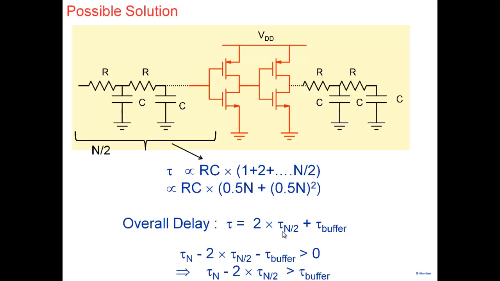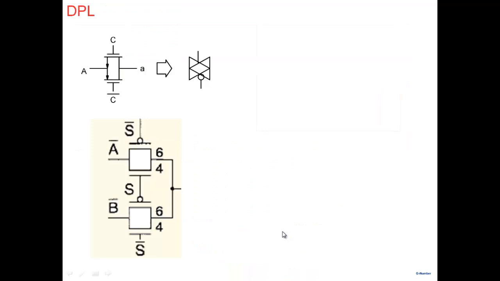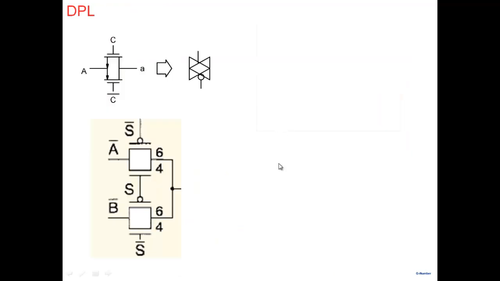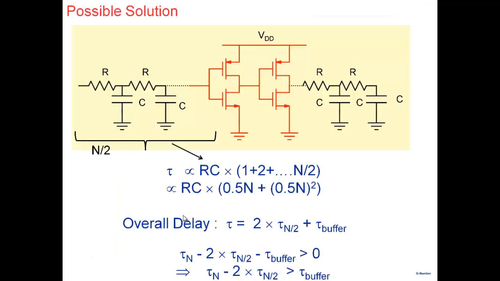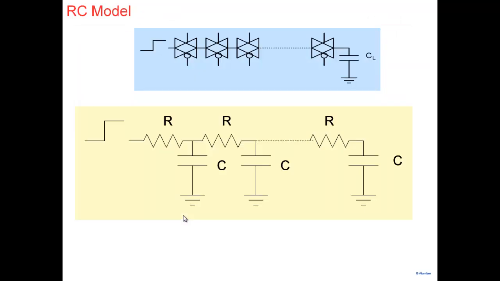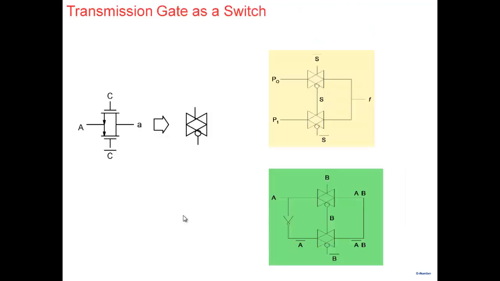Now one can carry this argument further. It says if I have a long chain of transmission lines, at frequent intervals introduce buffers to keep the delay manageable. One can carry this argument further and say, why not, at the output of each one, for example when we look at a transmission gate here, whenever you are implementing a logic, put an inverter?